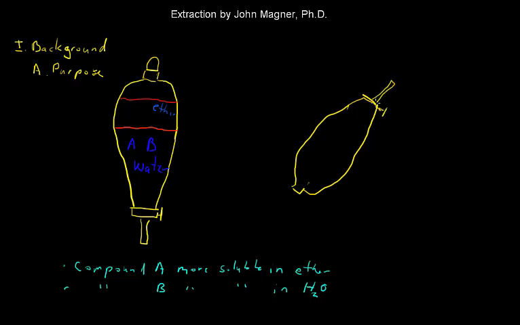Now one problem, it's not really a problem, but it's something to be aware of. So we're vigorously shaking this back and forth, is that when you mix these solvents together, even though they're immiscible, there is often a little bit of dissolution that occurs of one solvent layer into the other. And there's an enthalpy change associated with that dissolution, the enthalpy of solution.